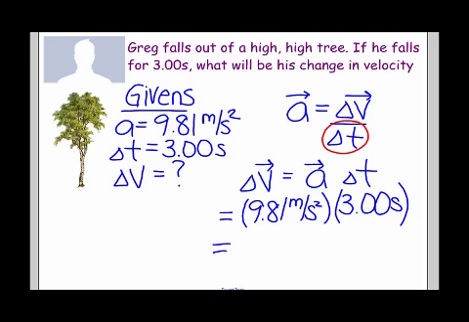Grab my calculator. 9.81 times 3.00 gives me an answer of 29.43 on my calculator. This is velocity, so it's measured in meters per second. So I'm going to write down the answer. That's what shows up on my calculator, but I'm going to round that to the proper number of significant digits. So 9.81 has 3, 3.00 has 3, which means I can only keep 3 of these.